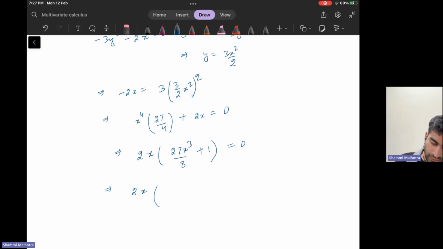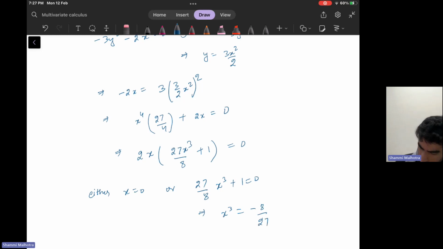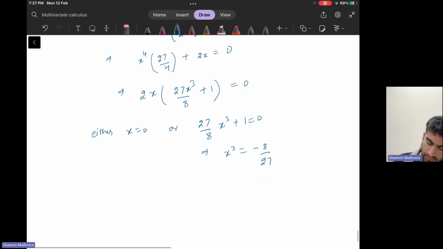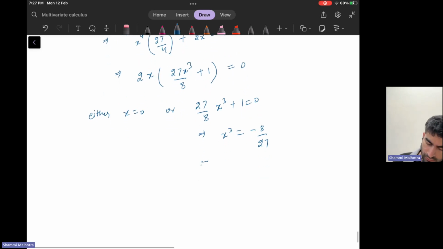So basically this thing is 0 either if x is 0, or this 27 by 8 x cube plus 1 is 0. And this is 0 if and only if x cube is minus 8 by 27. And this implies x has to be minus 2 by 3.